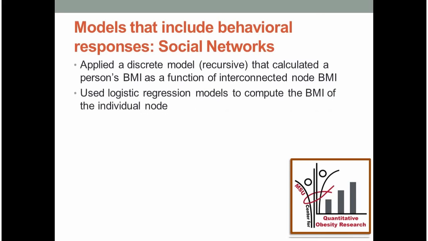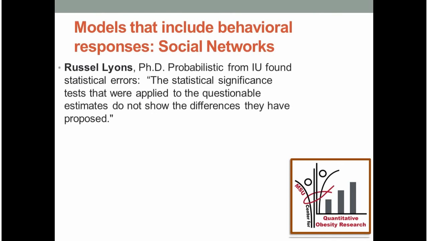Those interconnections were used to predict the BMI in the next step, applying logistic regression models that predicted what the BMI status of the individual in a particular node at time t plus 1 should be as a function of all these other terms in the previous generation. So it's, I think, a very simple idea if you're a mathematician.